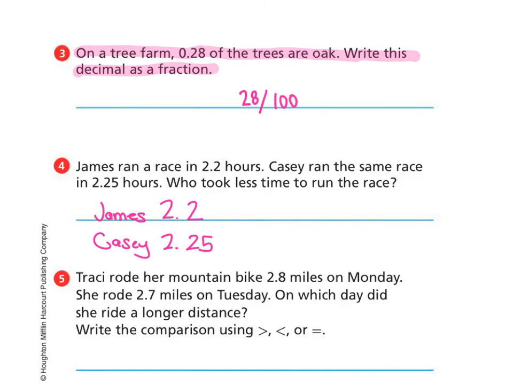The question is, who took less time to run the race? Talk me through how I would figure out who would take less time. Who can help me through that one? Jack, you've already answered. I'm going to call on your lucky twin. Reese, talk me through that one.